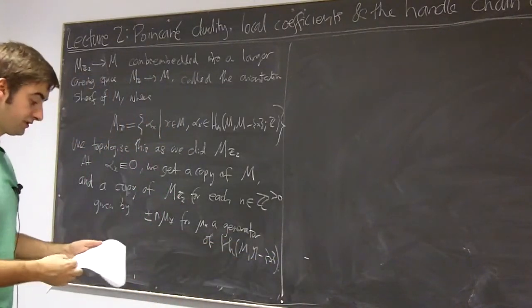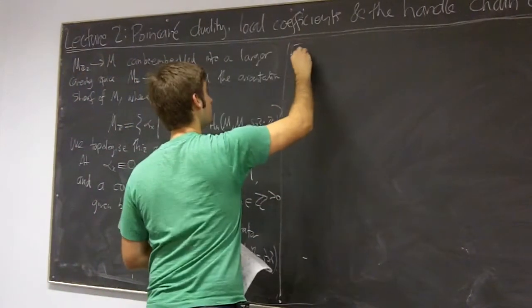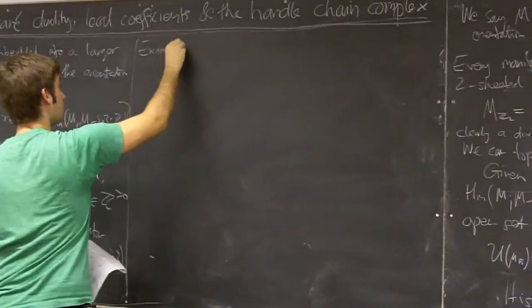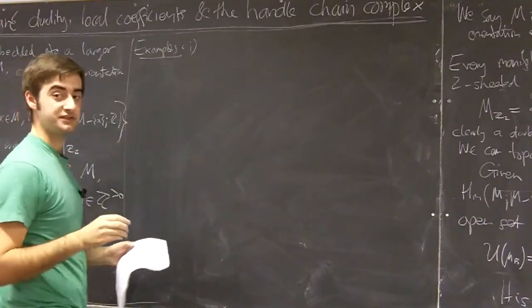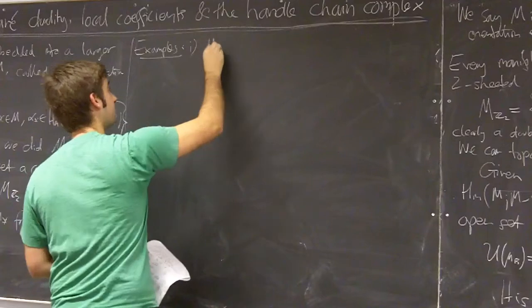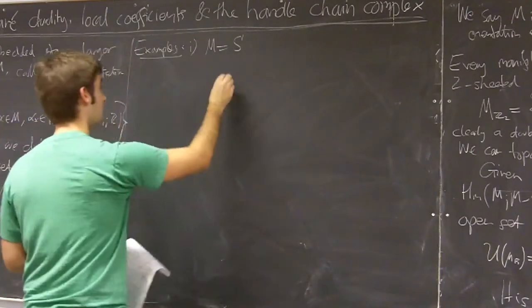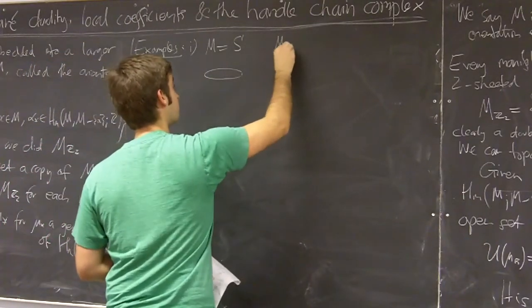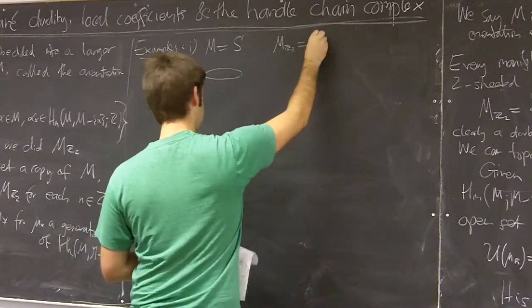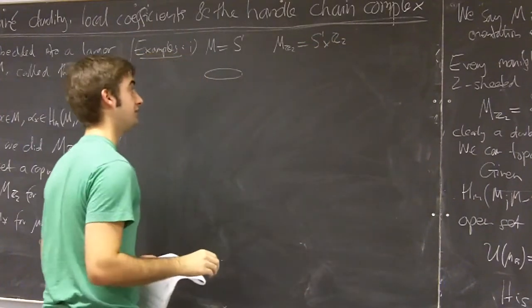So let's just do a quick example of how this looks. So first of all, an easy example. If we just take a copy of the circle S1, so there it is. The orientation double cover is just the product of S1 with Z mod 2.